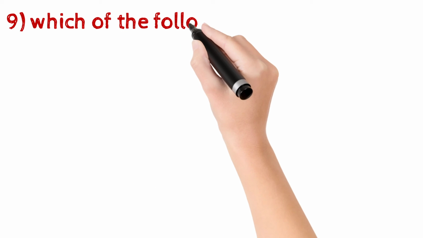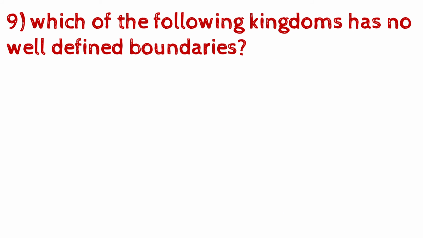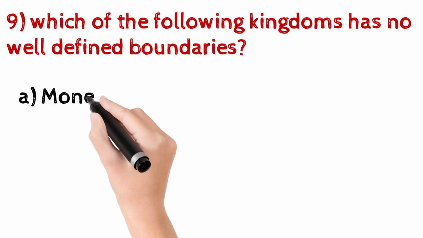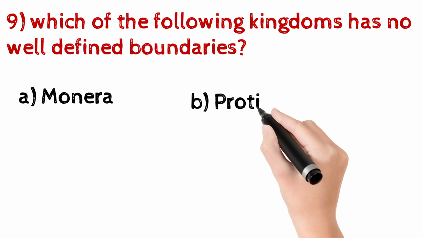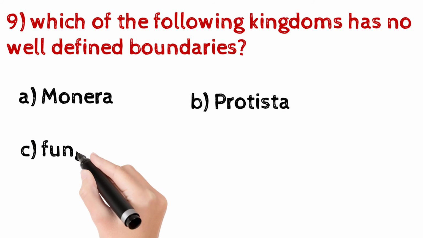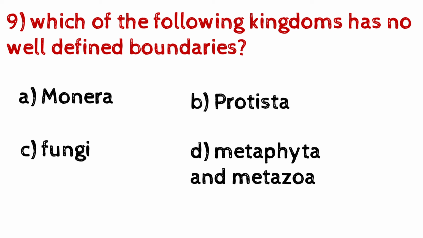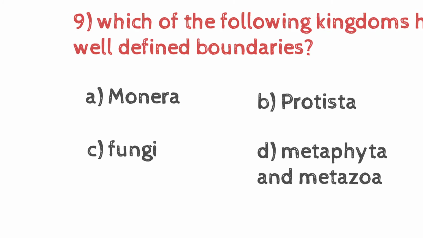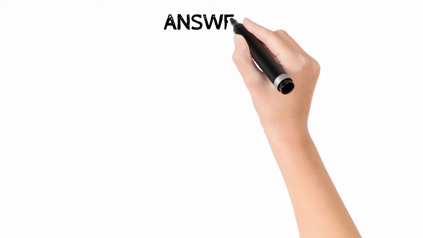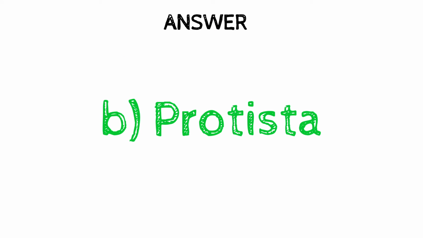Question number 9. Which of the following kingdoms has no well-defined boundaries? A, Monera, B, Protista, C, fungi, D, metaphyta and metazoa. Has no well-defined boundaries. And the answer is B, Protista.